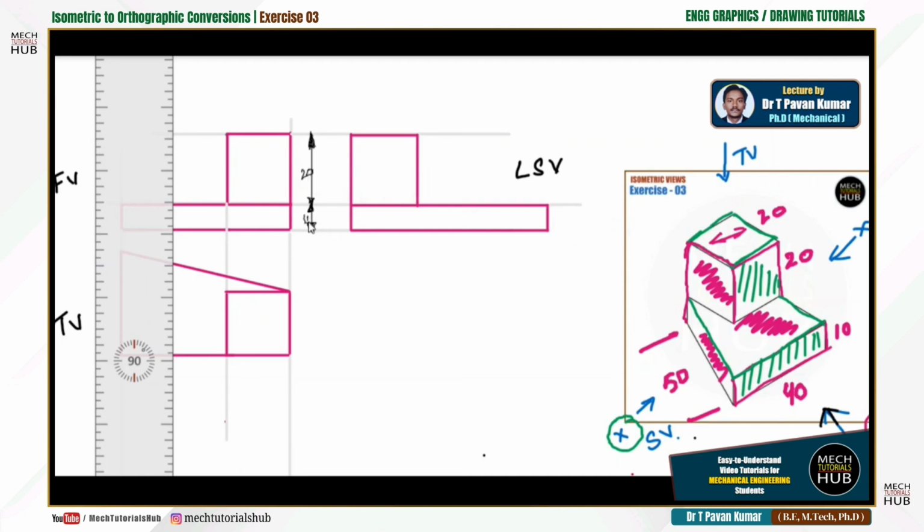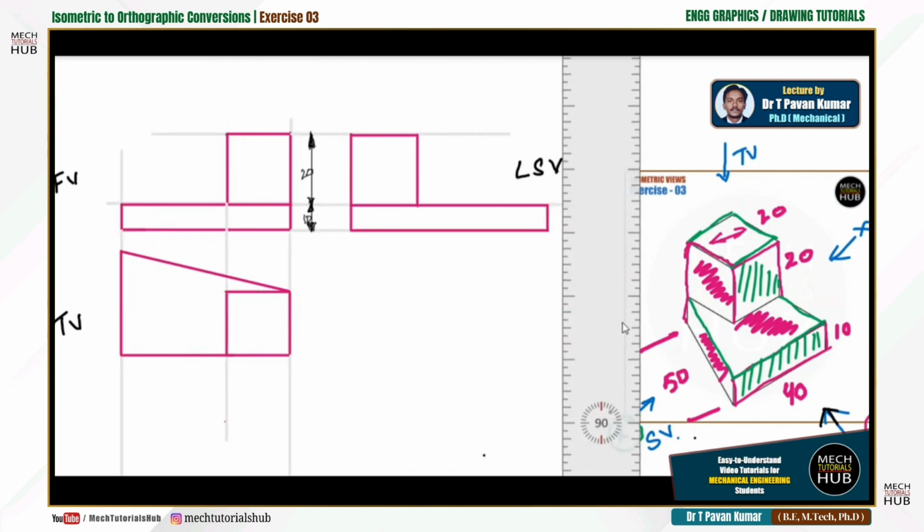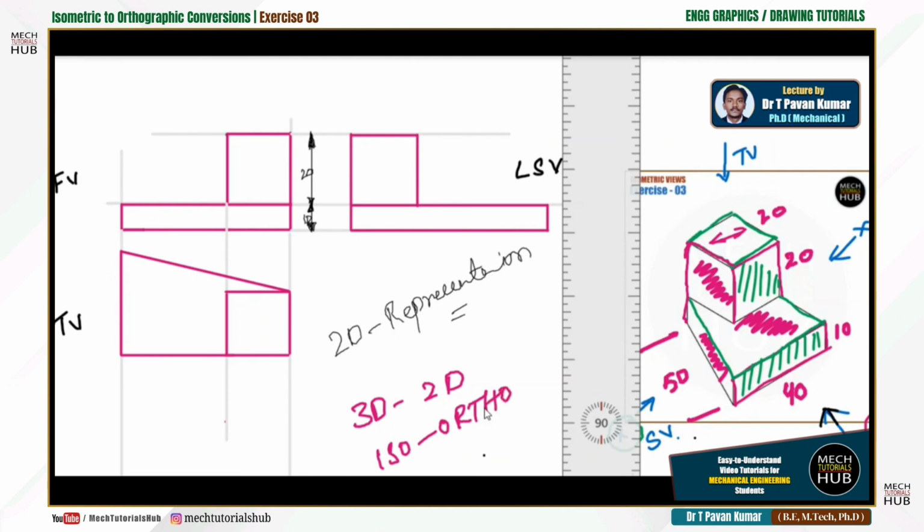Here it should be 10 mm. Similarly, all other dimensions need to be mentioned. All the dimensions are required. Now this is the two-dimensional representation of a 3D model. This is what we call conversion from a 3-dimensional view to a 2-dimensional view, which is called ISO to ortho. Try to understand.